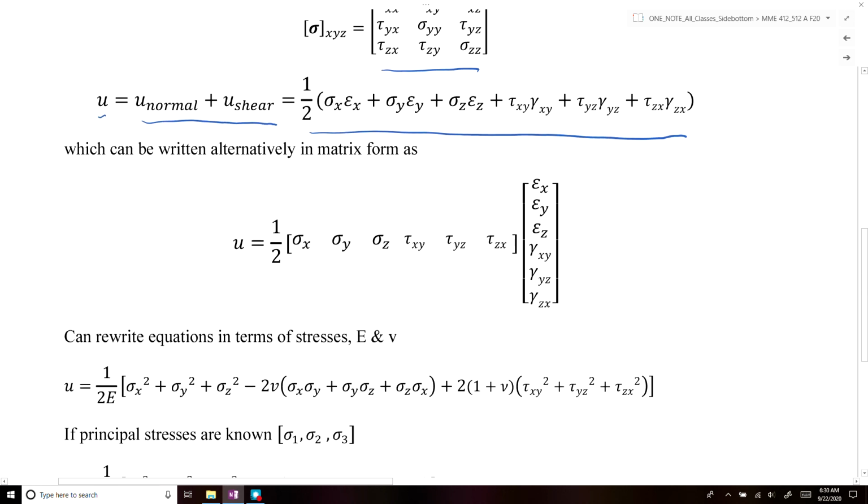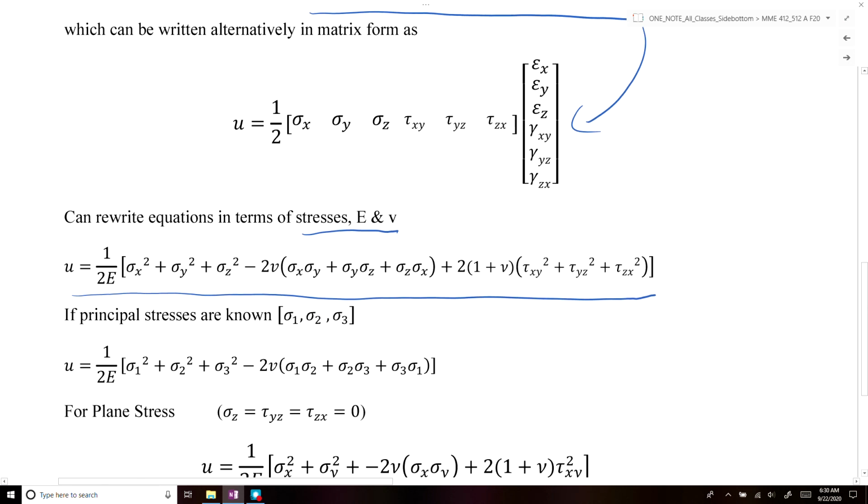You could rewrite it in this form here. If you plug in the strain-stress relationships, you can get this equation down here. Now, if you know the principal stresses within your stress element, this equation simplifies down to just the following equation here.